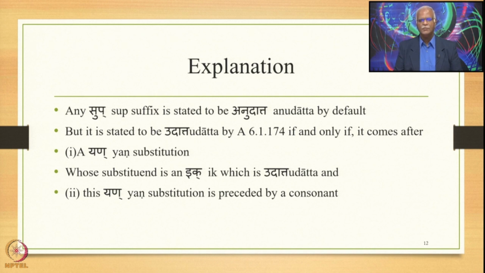But they are stated to be udatta by 6.174 if and only if the suffix comes after a yan substitution, obviously whose substituent is an ik, which is udatta. So this ik should be udatta, and then this ik should be substituted by a yan, and also this yan substitution is preceded by a consonant.